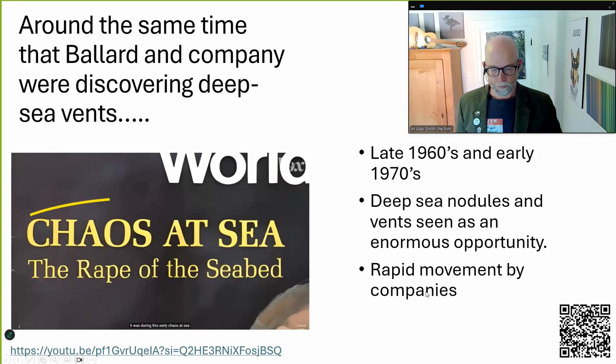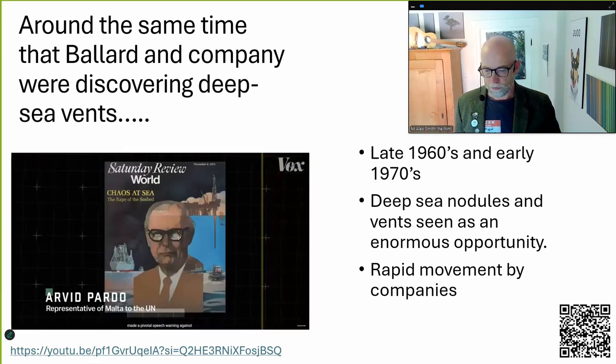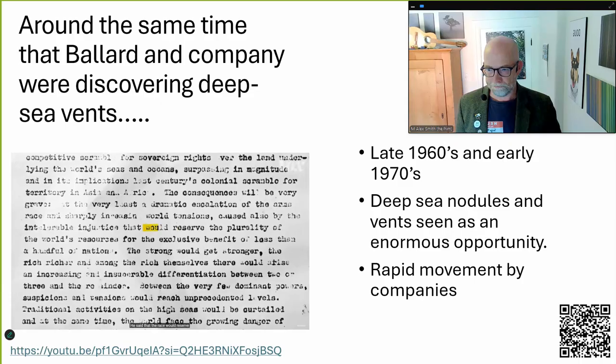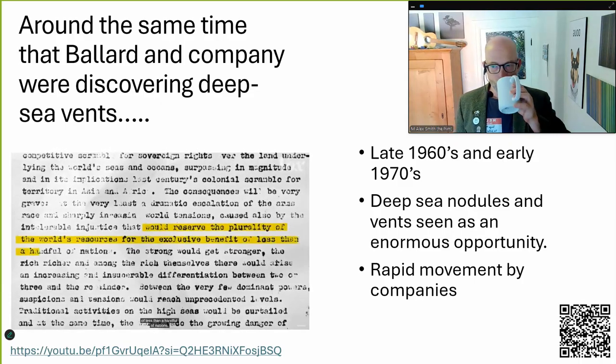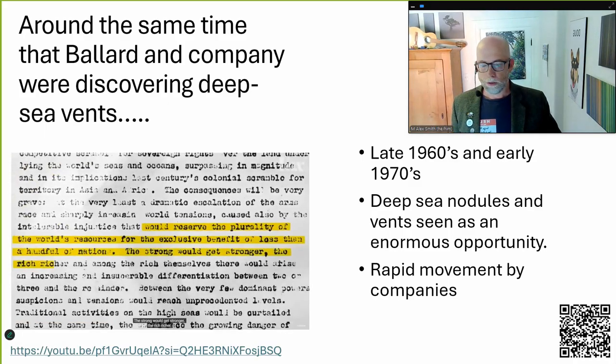It was during this early chaos at sea that the Maltese delegate to the UN made a pivotal speech warning against repeating the mistakes of colonialism. He said that the race would reserve the plurality of the world's resources for the exclusive benefit of less than a handful of nations. The strong would get stronger, the rich, richer.